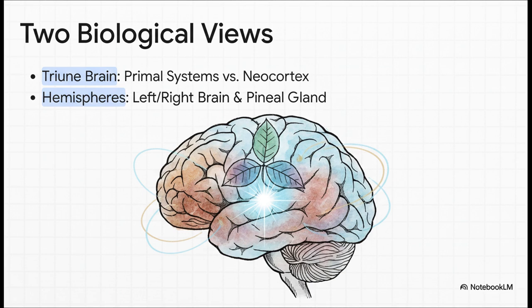The idea here is that our brain has three main parts: the primal reptilian part, the emotional limbic system, and the logical neocortex. So in this view, the two lower leaves represent our primal instincts, while that top leaf, that's our higher reason. Then there's a second interpretation. This one sees the side leaves as the left and right hemispheres of the brain, and that central leaf represents the pineal gland, which some see as a point of integration or higher consciousness.